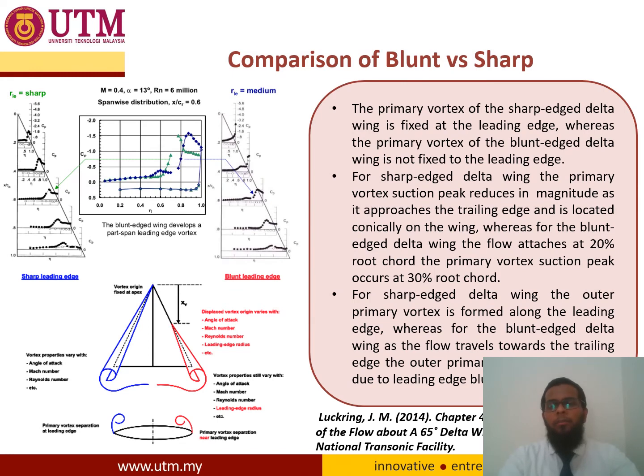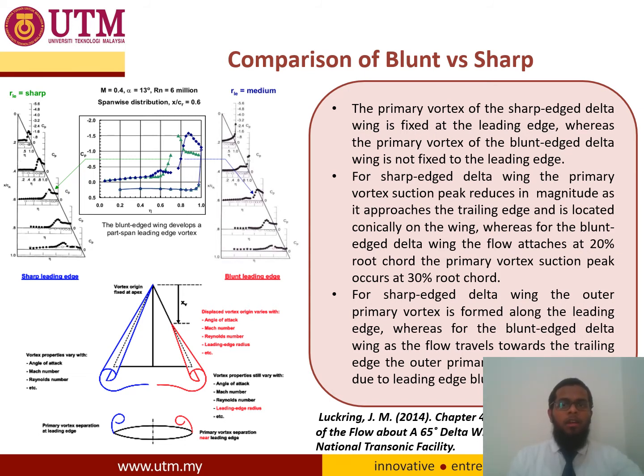Comparison of the blunt versus sharp. Author Luckring in 2014 has published a paper on the 65-degree delta wing sweep, and has stated these results, which are in this slide. He has said that the primary vortex of the sharp edge delta wing is fixed on the leading edge, and for the blunt edge it is not fixed.